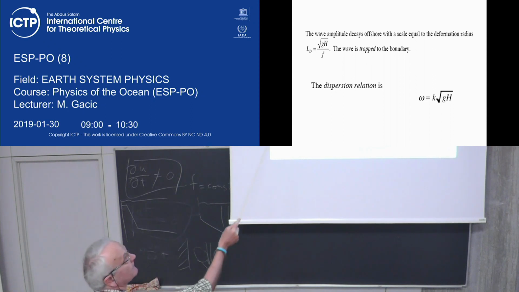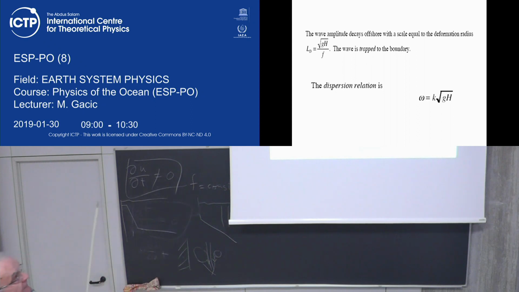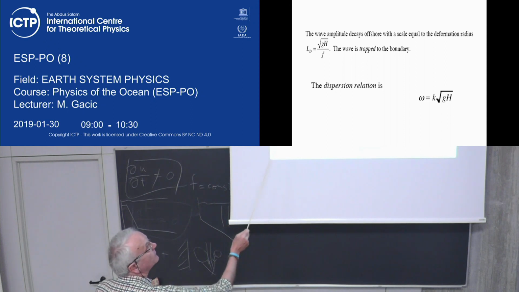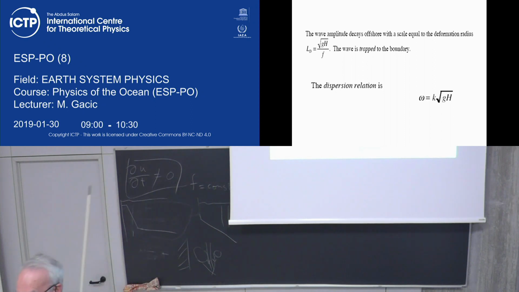This is called the external Rossby radius of deformation, because it's associated with the barotropic flow. If you want to understand the typical distance where we don't feel the Kelvin waves, we can simply put in typical numbers.